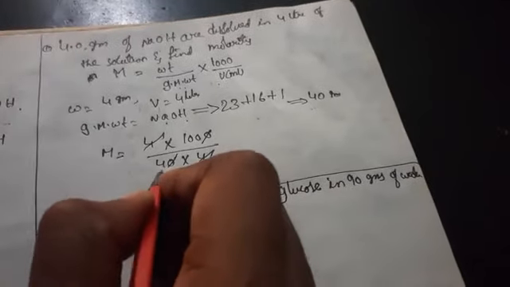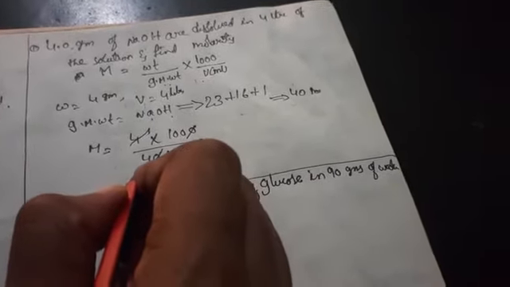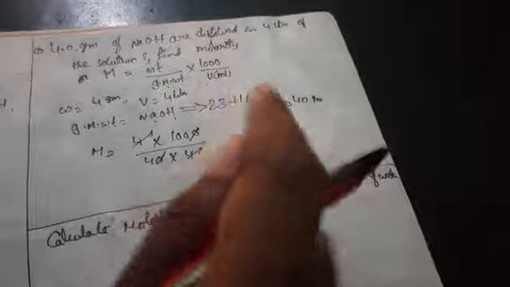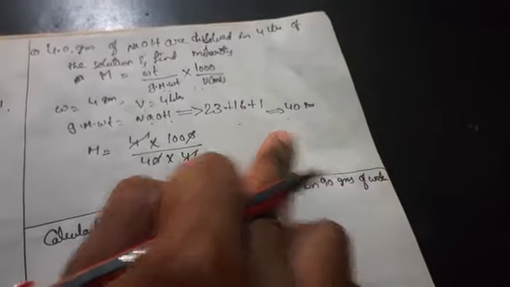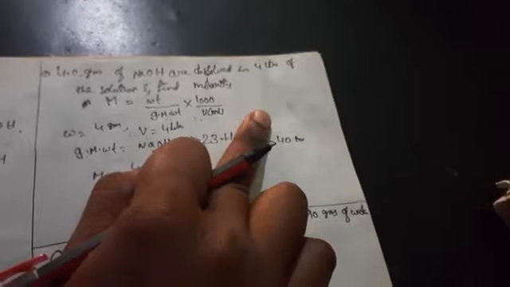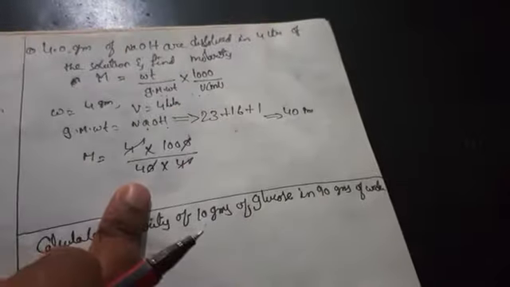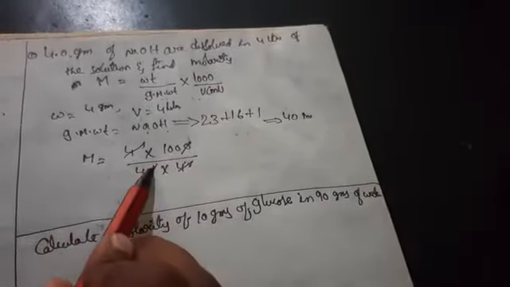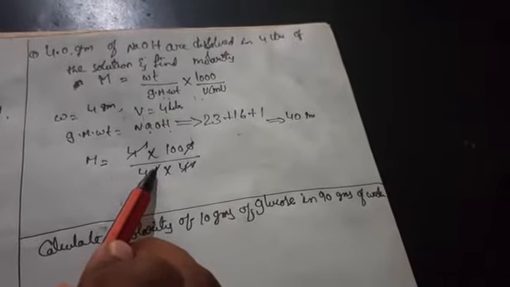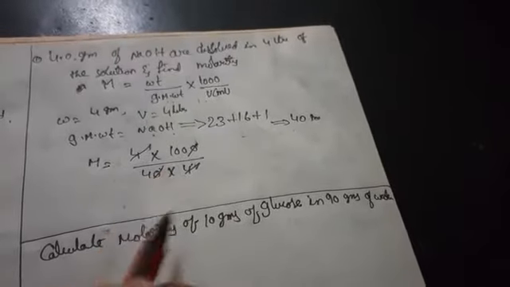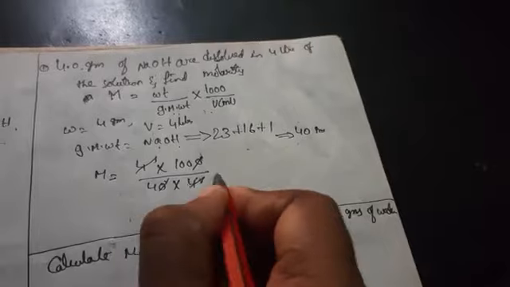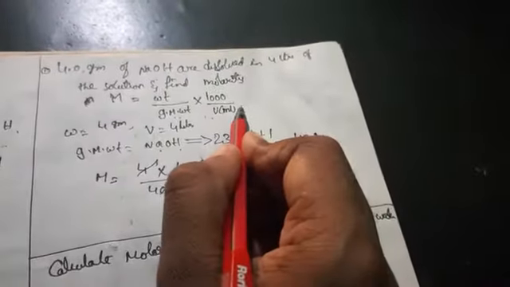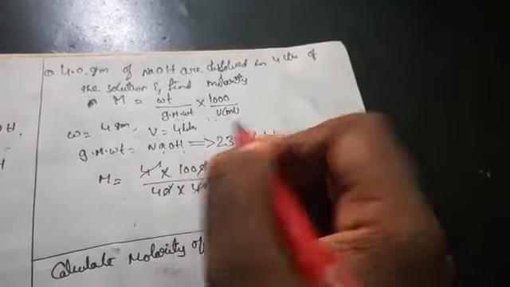Here he has already given 4 liters in liters, but the formula is 1000 by V, so we have to change into ml.